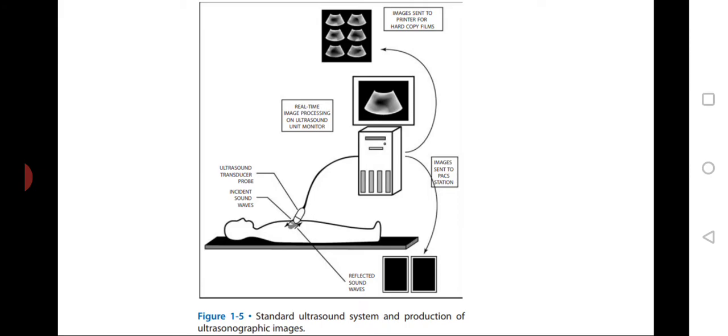So we have some mode of energy. In this case, we had the X-rays, and then we need to have something that would recognize this. Yes, that would be able to see it. And this is the same idea generally in all of the radiology, in all of the nuclear medicine also.